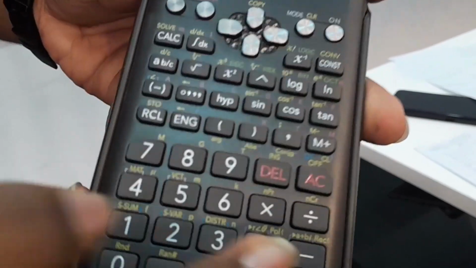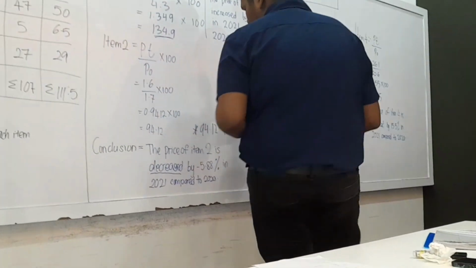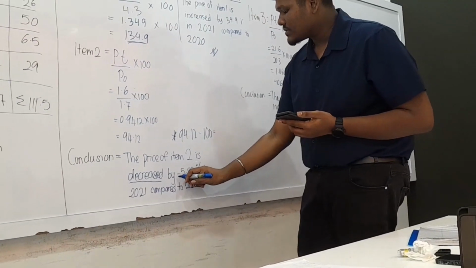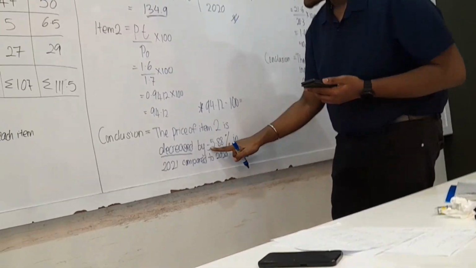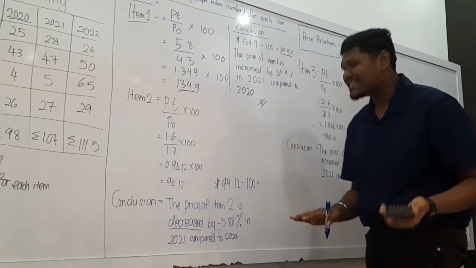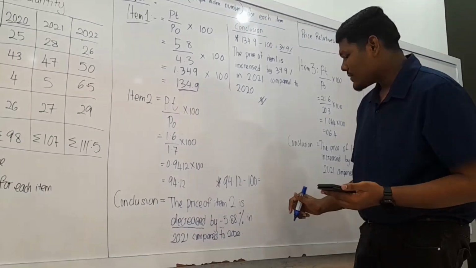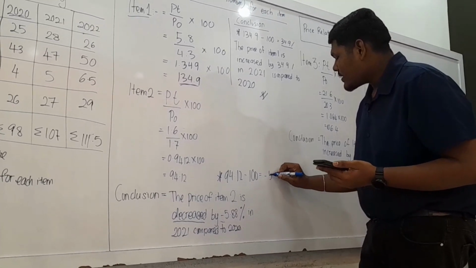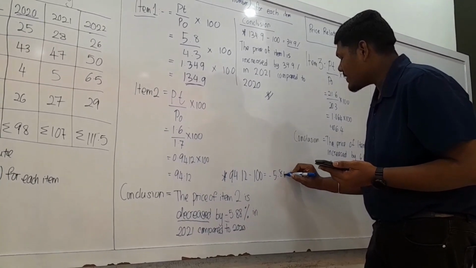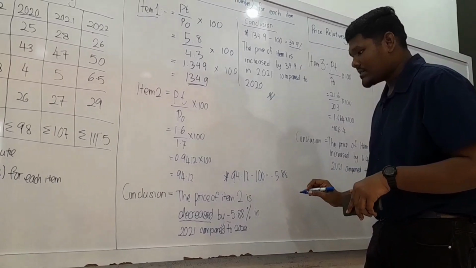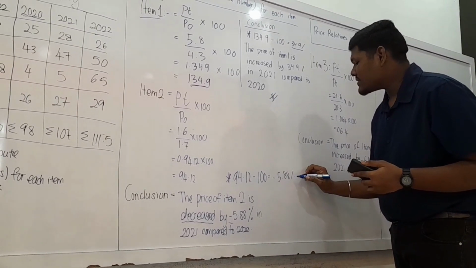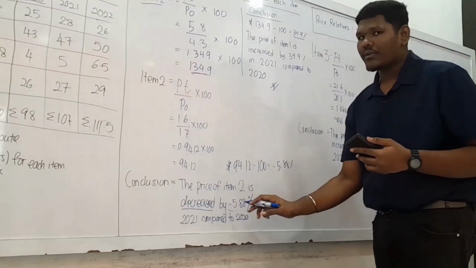94.12 minus 100, negative 5.88, which means it shows a negative symbol. So what I said earlier, if the answer is negative, it automatically means it has decreased, okay?